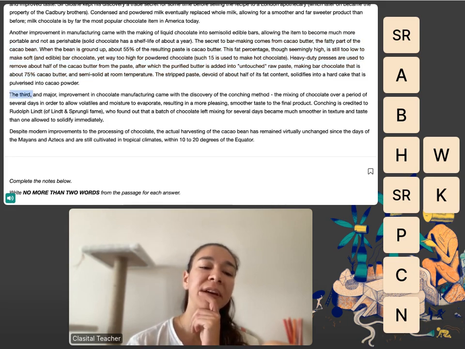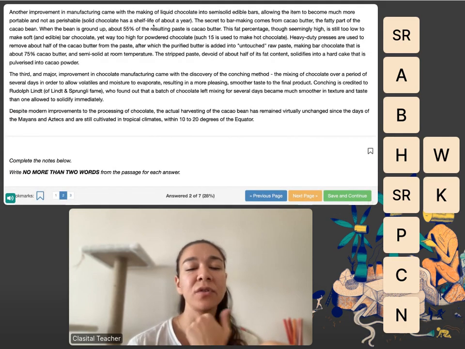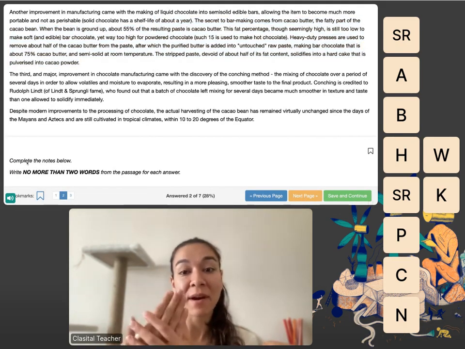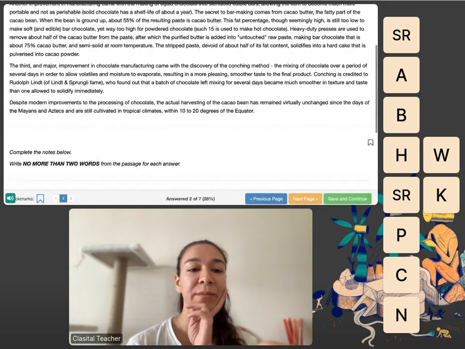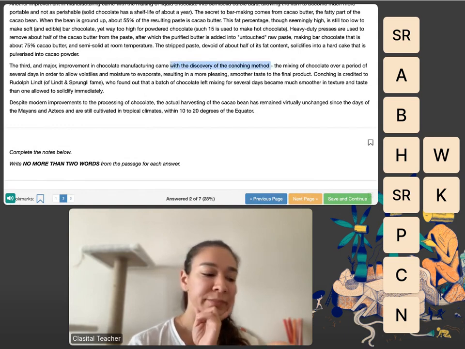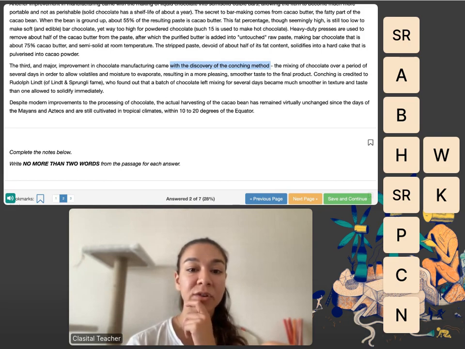I see the keyword here, the third, but I am just skimming here too in case I skip a part. But I see the keyword here, the third major improvement. Very good, Suman. I think so too.